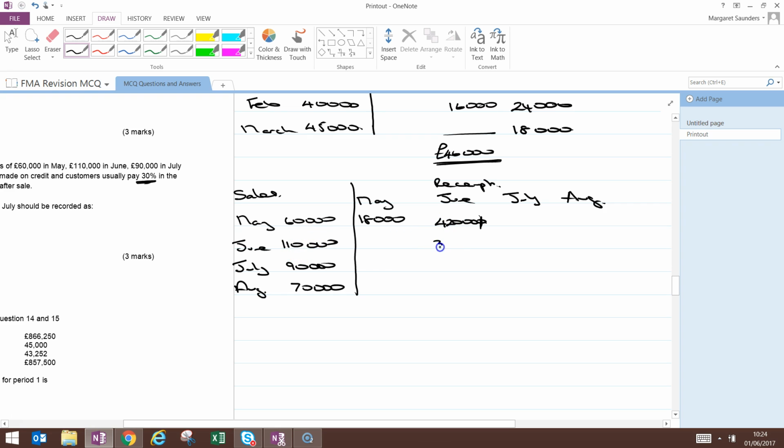So that is 33,000. And the rest will come in July. 77,000. Now look at July, £90,000. 30% is received in the month, so 30% will be received in July, so that's 27,000, and the rest will be received in August.